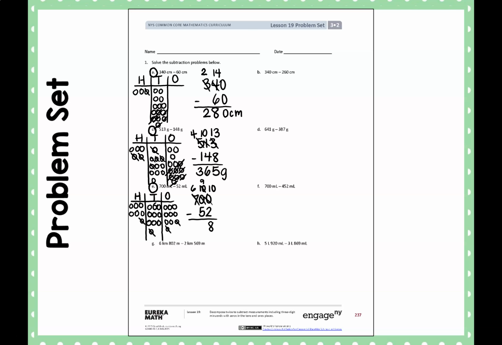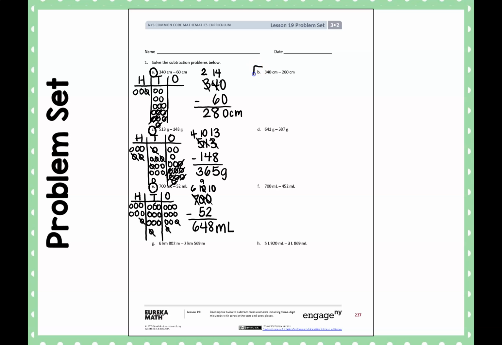So 9 take away 5. Can I do that? Yes, I can. It would be 4. All right, and lastly, we have our hundreds place. 6 take away nothing would be 6. So 700 milliliters minus 52 milliliters would equal 648 milliliters.